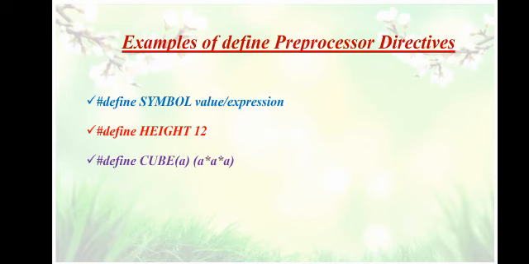For the perimeter of a rectangle, hash define perimeter of rectangle, 2 into length plus breadth. So these are examples of define preprocessor directives used as constants, and these constants are replaced according to the specific values written in the programs.